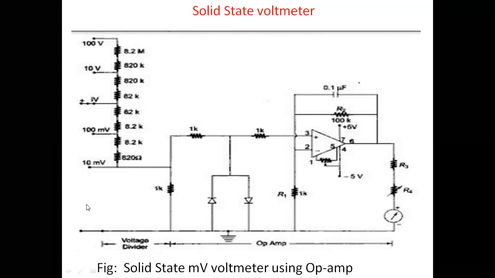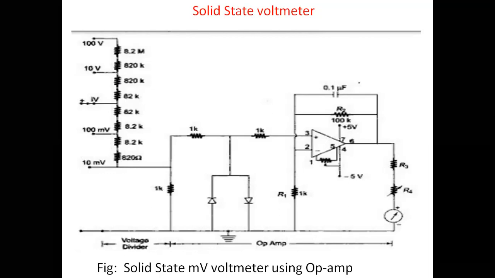And this is the minus sign. In between we apply the unknown voltage, the voltage which is to be measured. These two terminals are connected across the element where we have to find the voltage. There is also a selection switch.